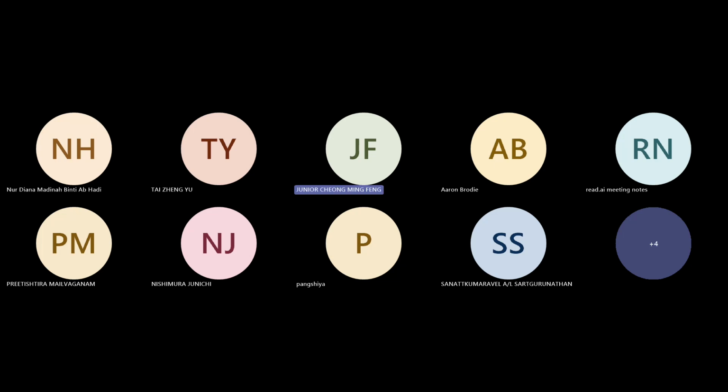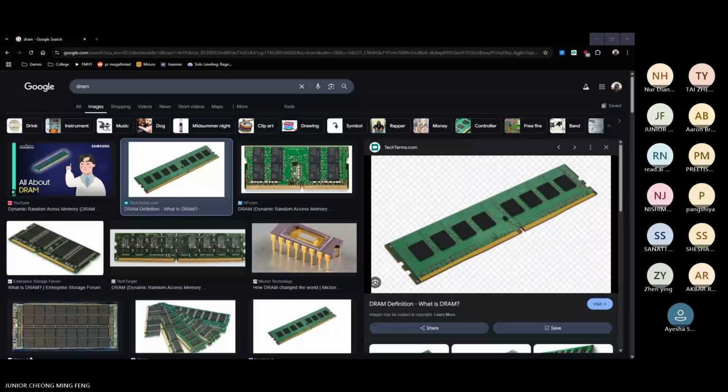Others, did you get the same images as Junior did? Now, besides DRAM, what else is the type of RAM that you can have?